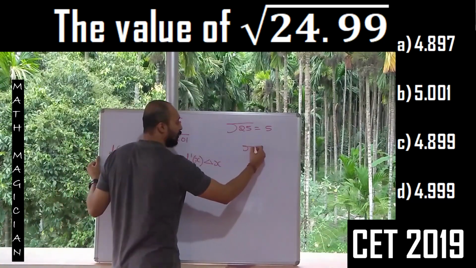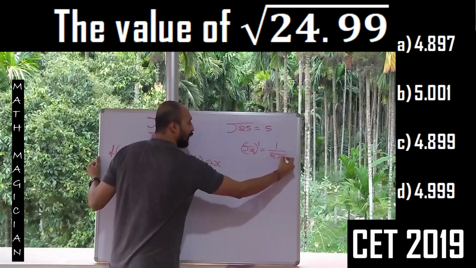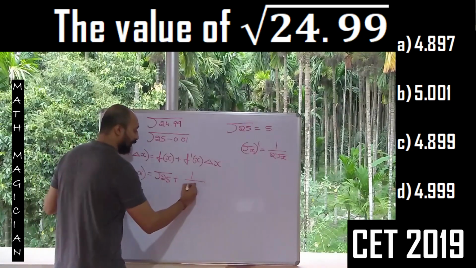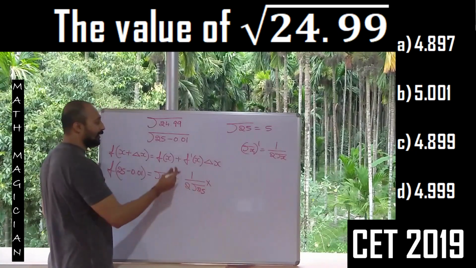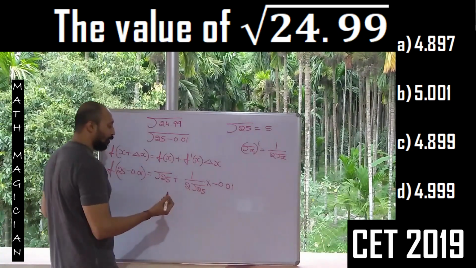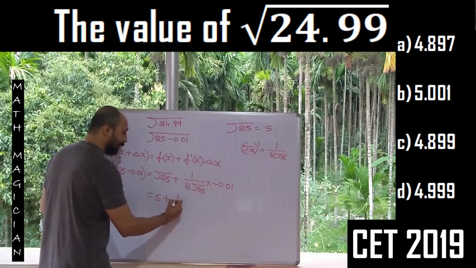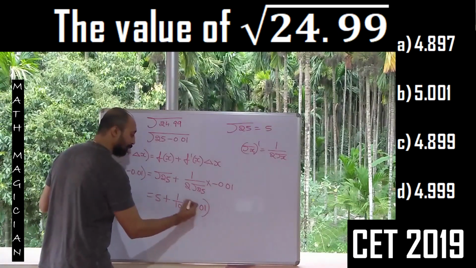differentiation of root x. Root x's differentiation is 1 by 2 root x. So I will take the value directly here, 1 by 2 root x into delta x. Delta x is minus 0.01. So what happens here is, this is 5 plus 1 by 10 into minus 0.01.